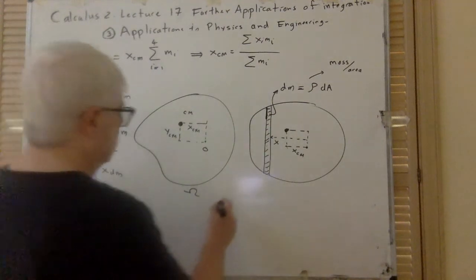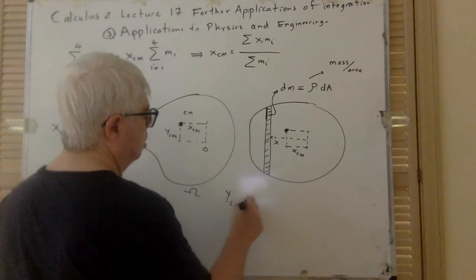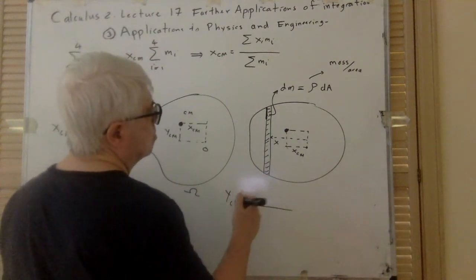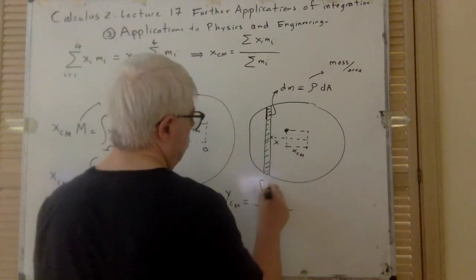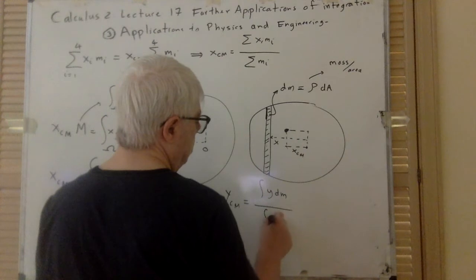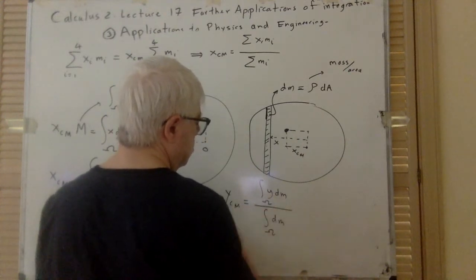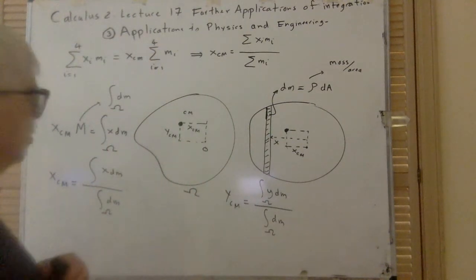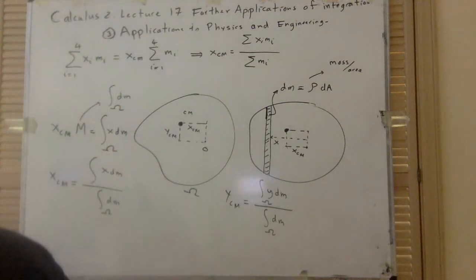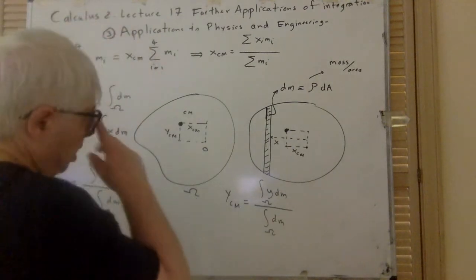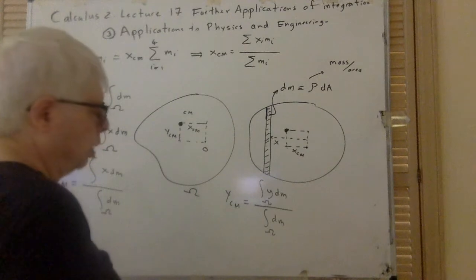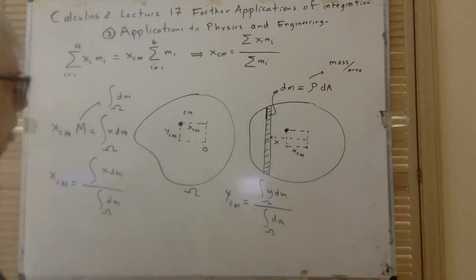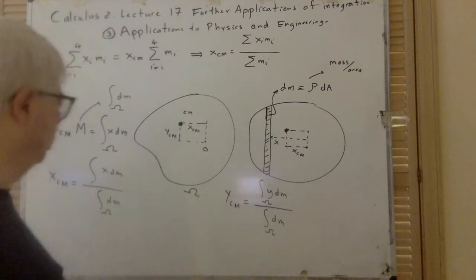And ycm will be something similar. So I have the integral of y dm over the integral of dm. Now, you might say, okay, the x and y are telling you this is just single variable mathematics, and we are not dealing with functions of two variables.